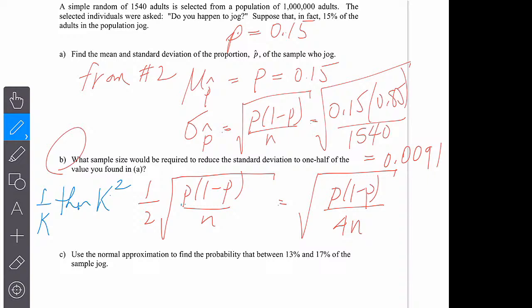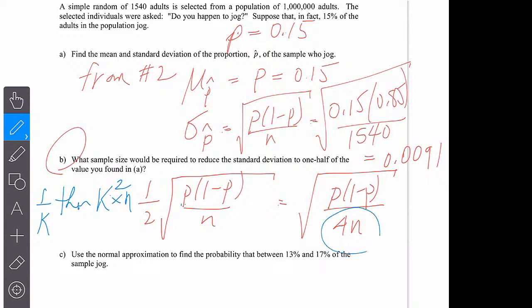Because of this square root sign, if you want 1/2, you have to have 2 squared, or 4 times n. Okay? So if you want 1/10, then it's 100 times n. Get it? So what's the answer then?